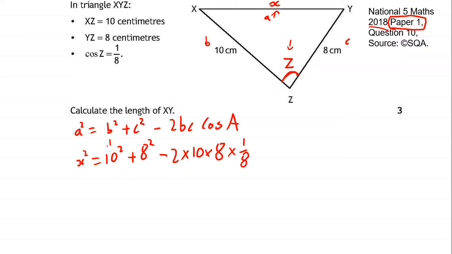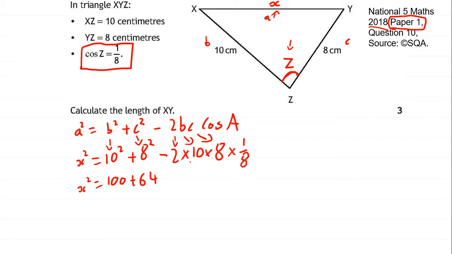So again, you can see b squared becomes that, c squared becomes that, 2 just stays as 2, b becomes 10, c becomes 8, and then cos A just becomes 1/8. And again, that's just as using this here. Okay, and then from here, it's just a case of working this out. That's 100 plus 64.